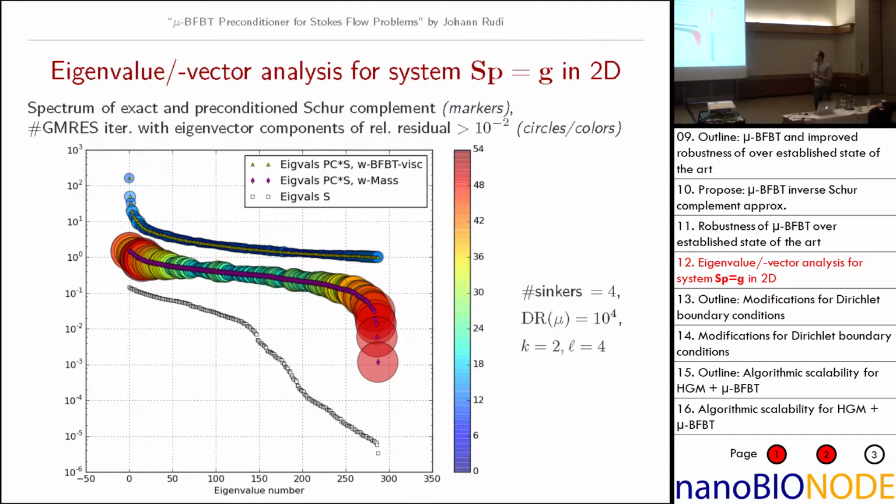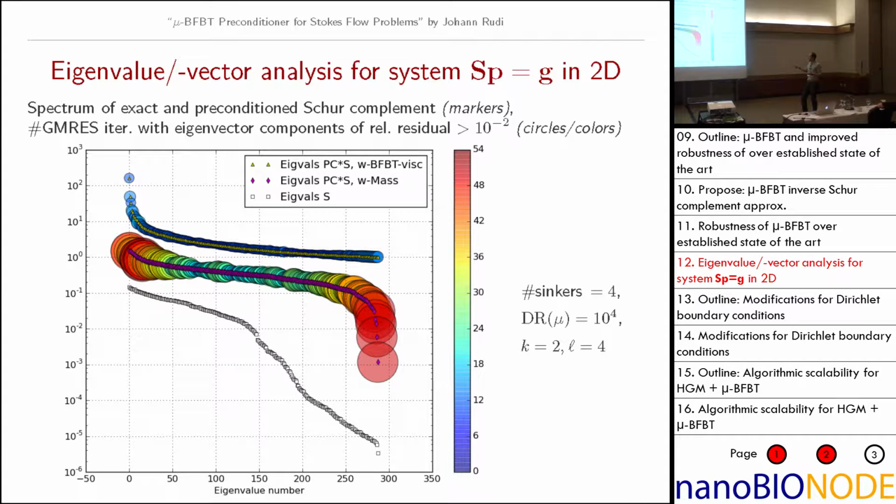Okay, another view of it. I showed you 3D examples before. Now I switch to 2D so I can plot some eigenvalues. And these are the eigenvalues of the exactly assembled Schur complement. So they go throughout the whole range. And if you apply mass matrix preconditioning, you get a nice clustering over here, but also a tailing in the small eigenvalues.